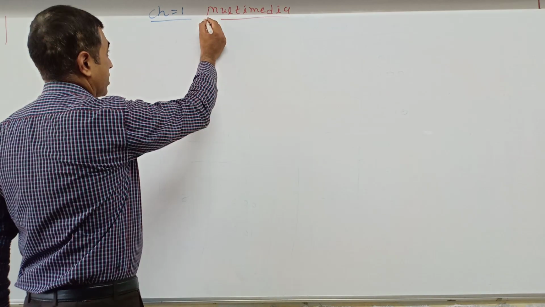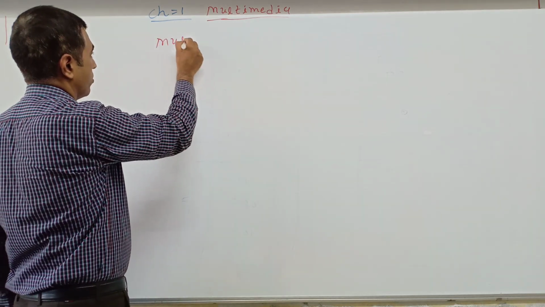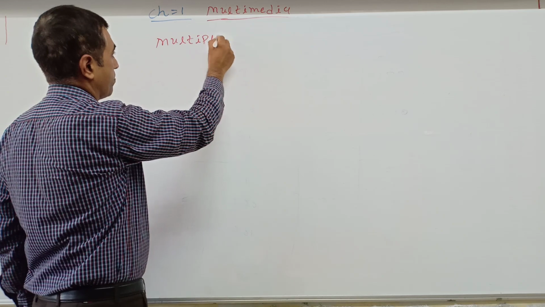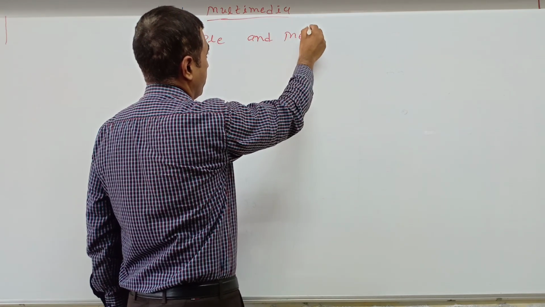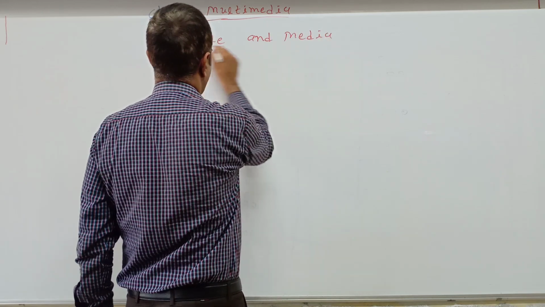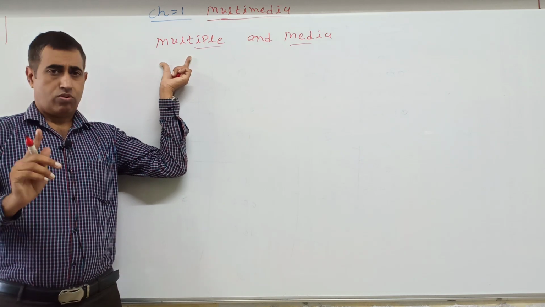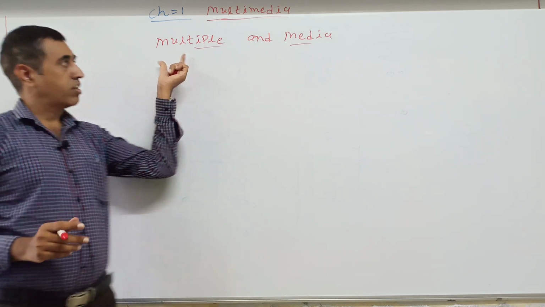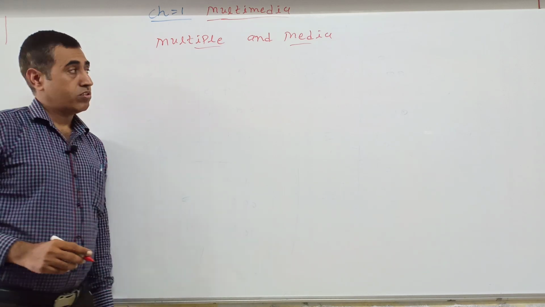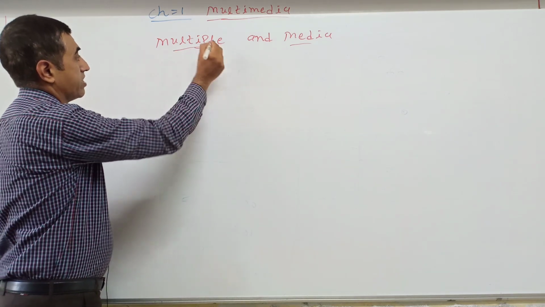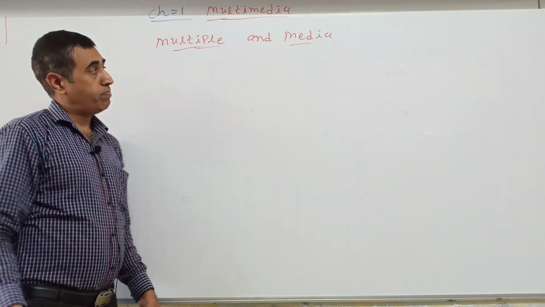This word multimedia is taken from two different words, multiple and media. Multiple means not only single, several options. Media means that not only a single media, but we can use various types of media elements.